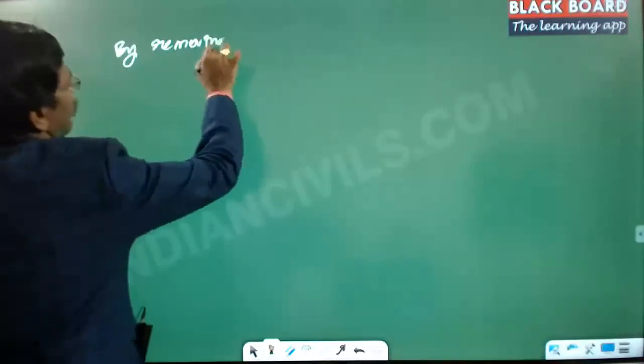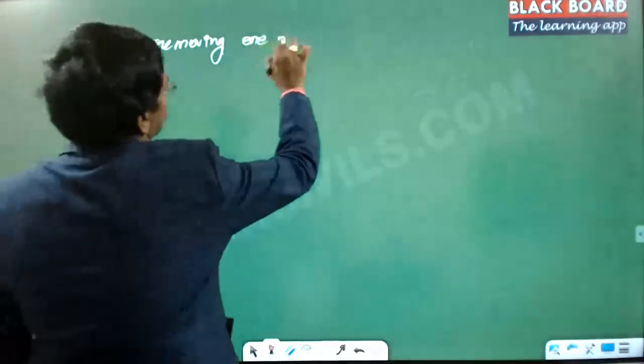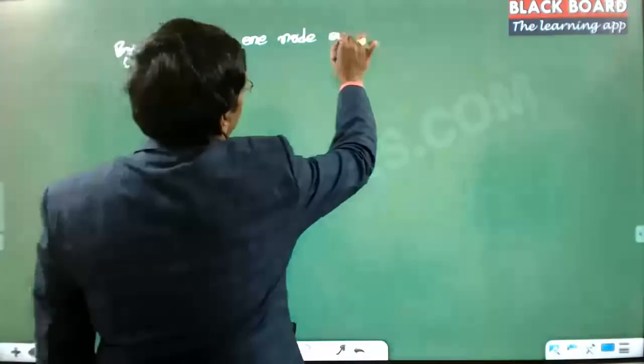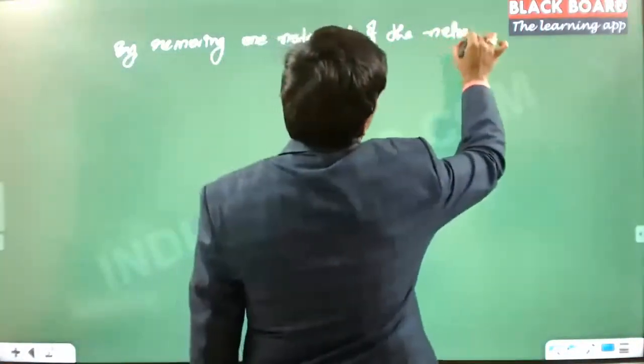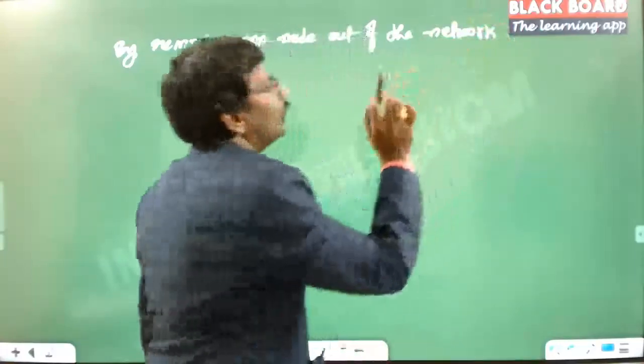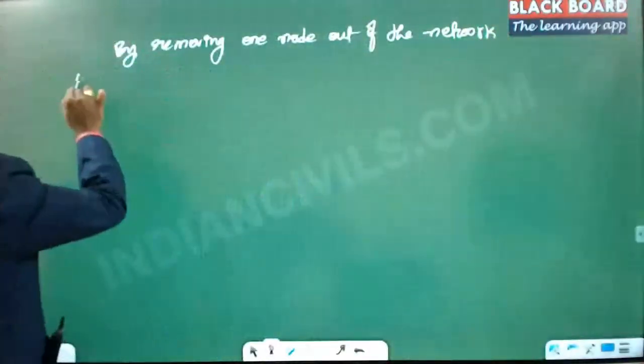So by removing one node out of the network, we will not lose any information.